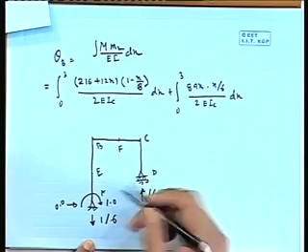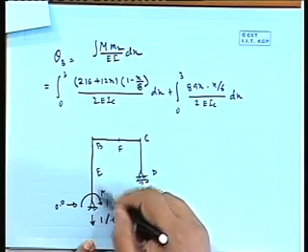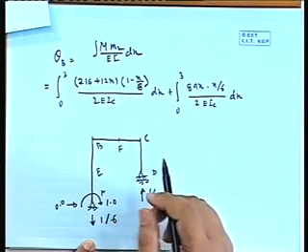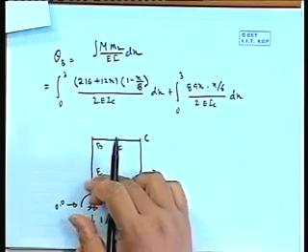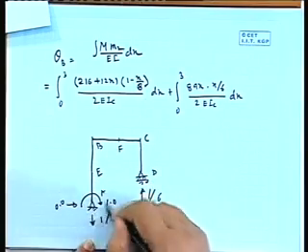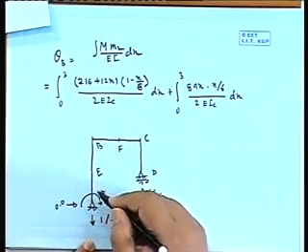Now, if I take the segment AE, there will be a moment now, because the applied moment is working here.